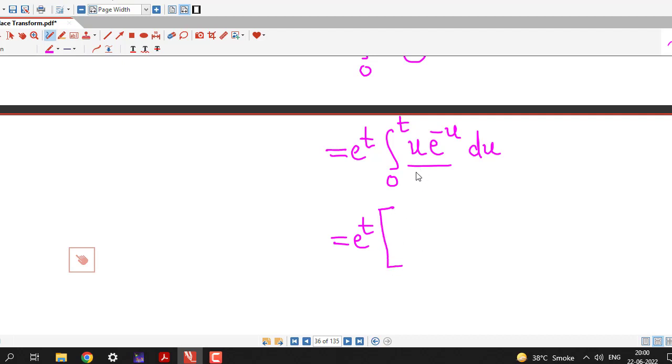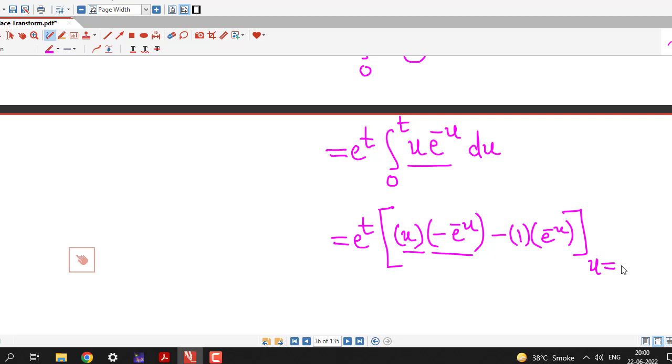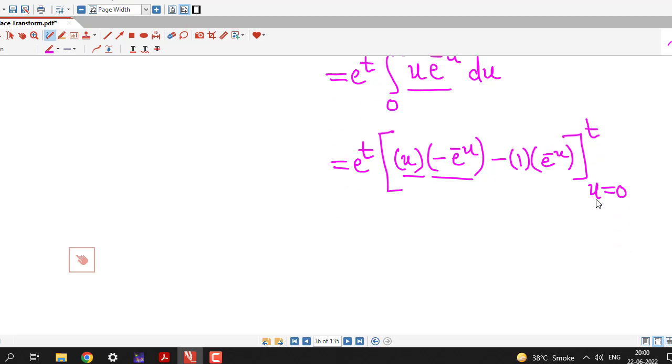So we consider u as it is, the integral of e raised to minus u, which is minus e raised to minus u, minus the derivative of u, which is 1, times the integral of minus e raised to minus u, which is e raised to minus u. The integral has limits 0 to t, so we have to put u equal to 0 to t. This is using integration by parts.